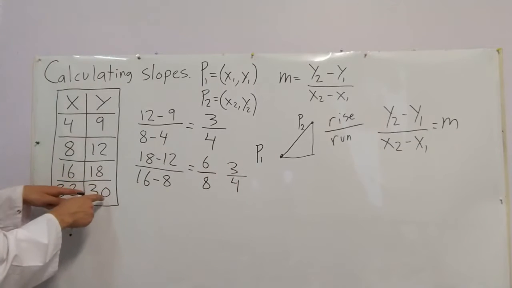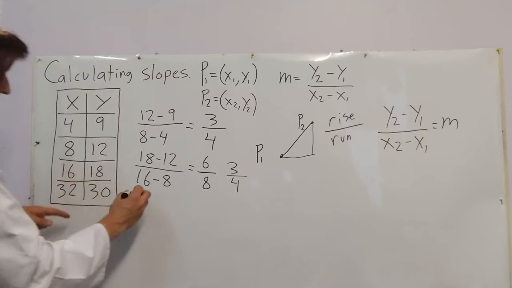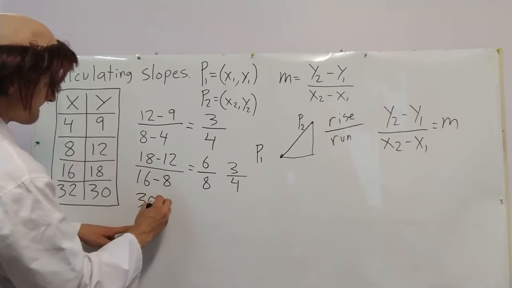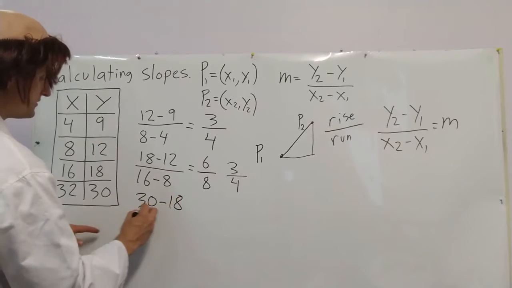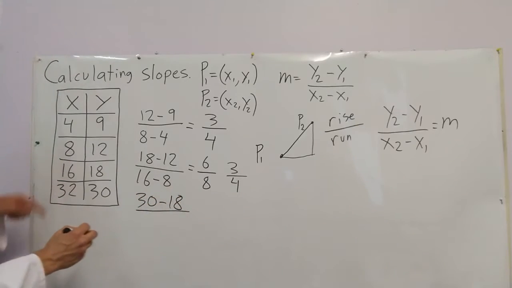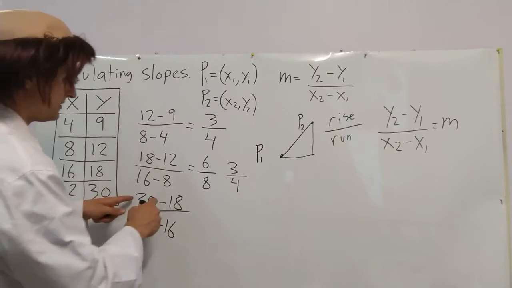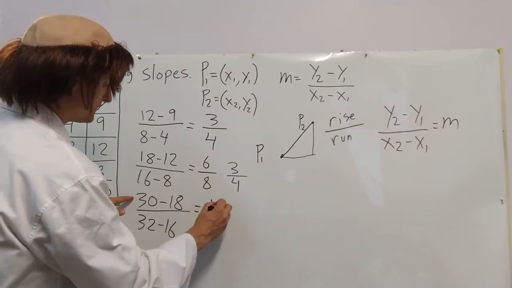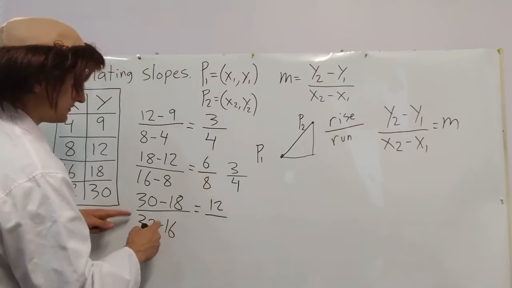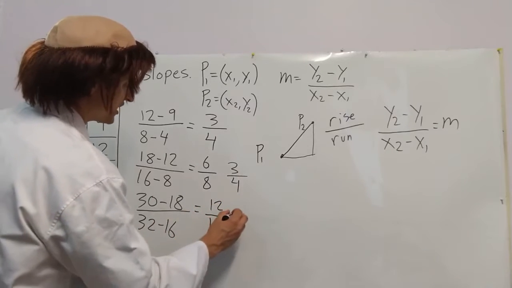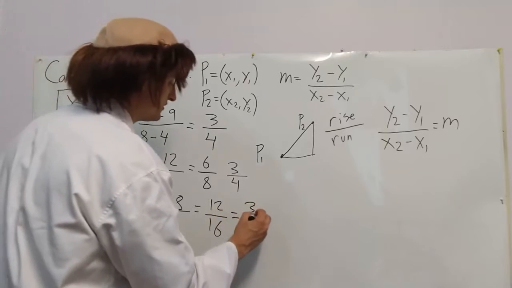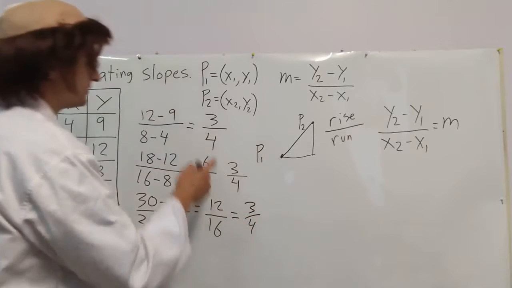The next set, 30 minus 18 divided by 32 minus 16. This is 12 divided by 16, which can be reduced to 3 over 4.